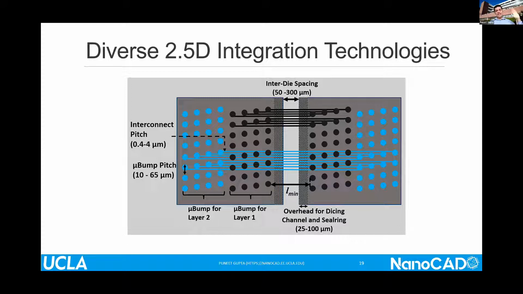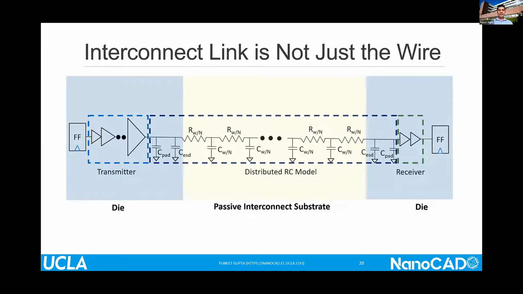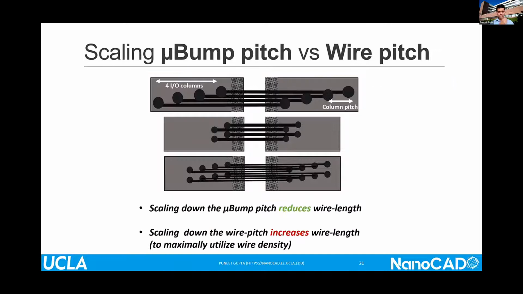You could have diversity in the inter-die separation, and in interconnect pitches, bump pitches, etc. What we wanted to understand is what matters at the system level, because every time you make an iota of a change here, that's technology development. Understanding where it buys you anything was what we felt was important. So we built a simple framework around it. I'm not going into the details of the pathfinding framework, but let me show you some results.